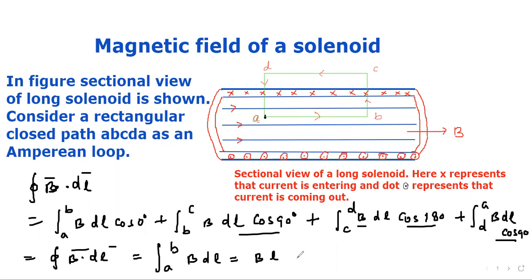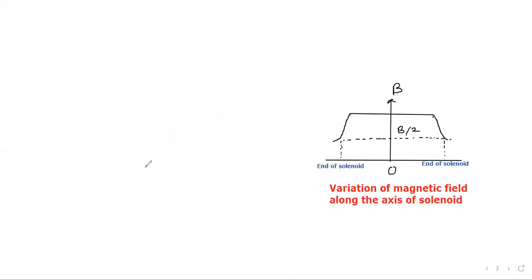Now, let the number of turns per unit length of the solenoid be N. Then the number of turns in length L of the solenoid would be NL.